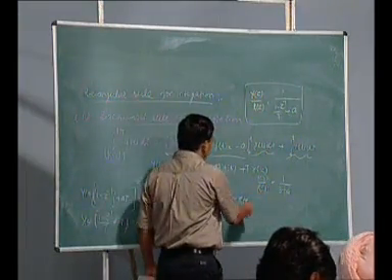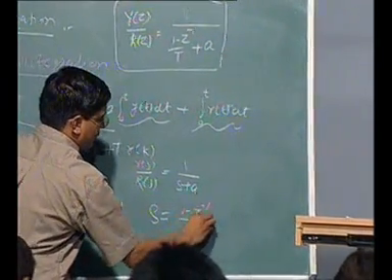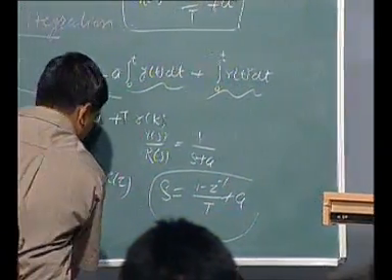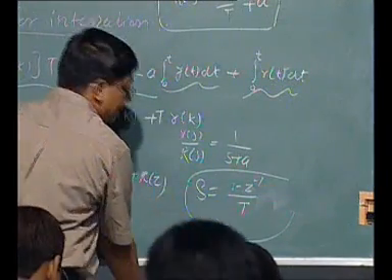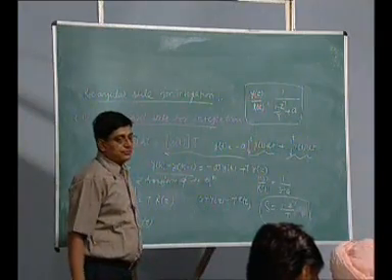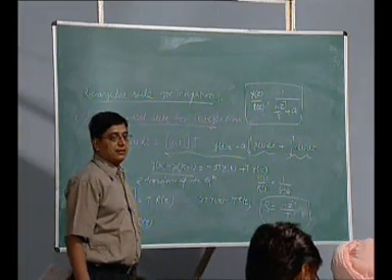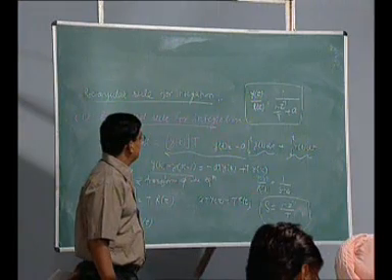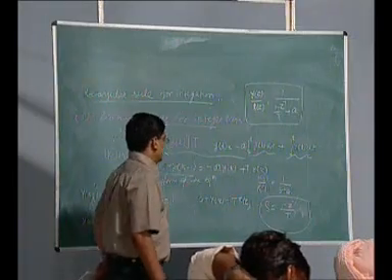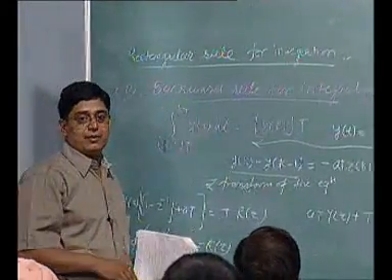Now, see the mapping again: s equals to (1 minus z inverse) upon T, only T, that is same as we did for derivatives, backward derivatives. So, it is stable. Now, this mapping can be asked in examination in addition to numerical problem.